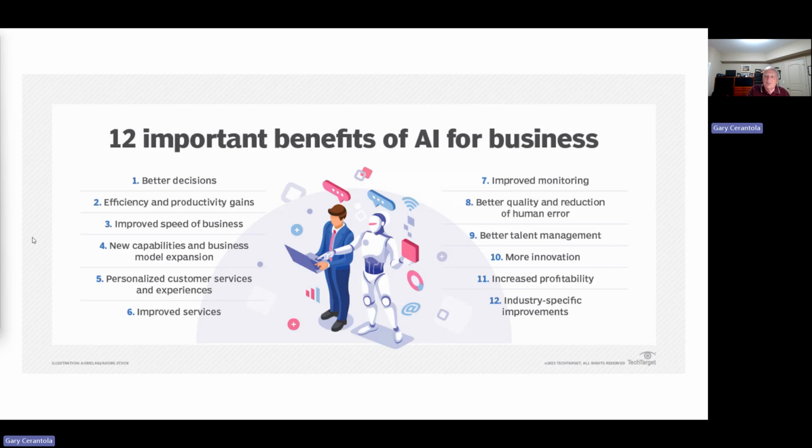All right. Now we're getting into, I think, the first slide around participation 13A. So, important benefits of AI. You can see better decisions, efficiency and productivity gains, improved speed of business, all these things.